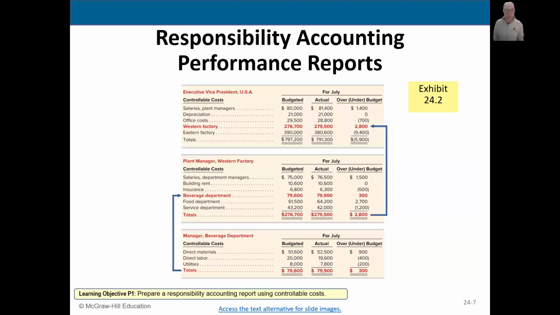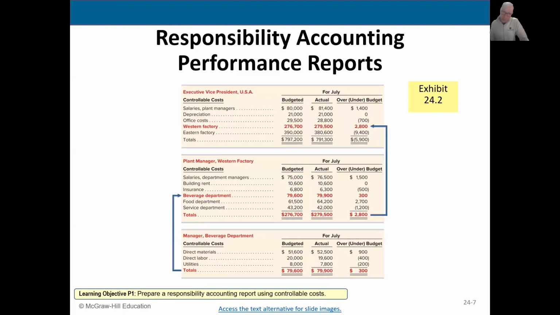We add up all the variances to understand if they're over or under the budgeted amount. Actual minus budget, actual minus budget. That gives you the difference. So we can see in this example, the department manager is over budget by $300.